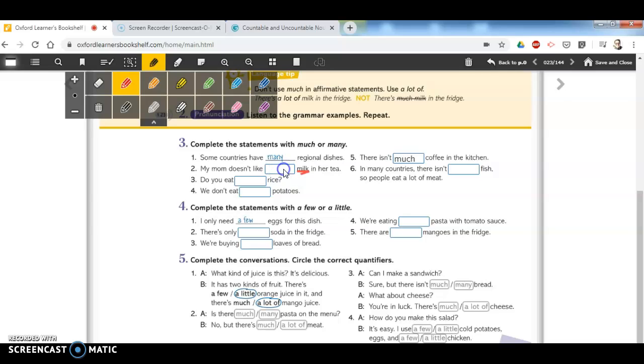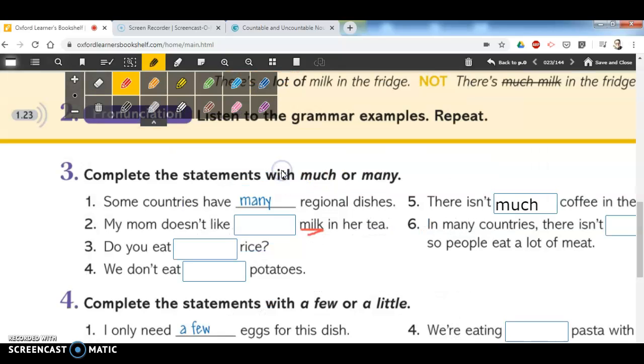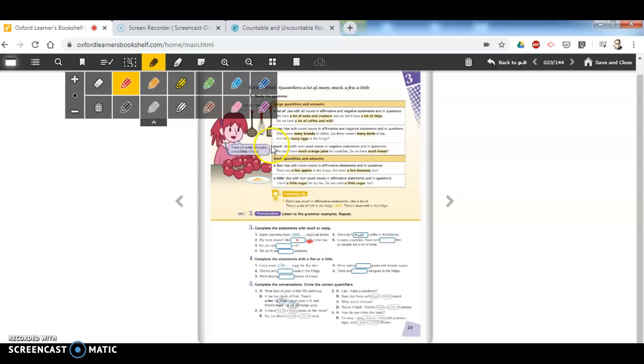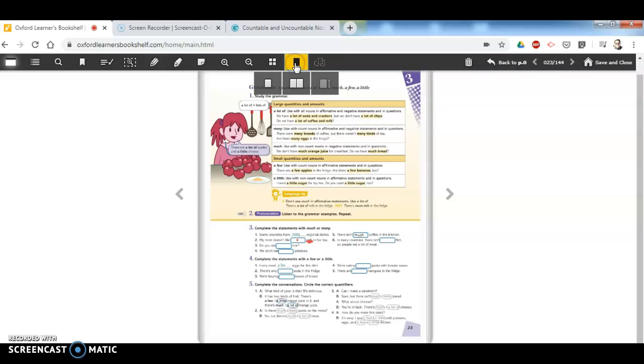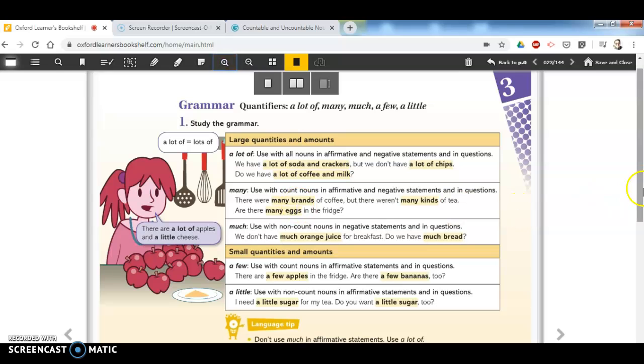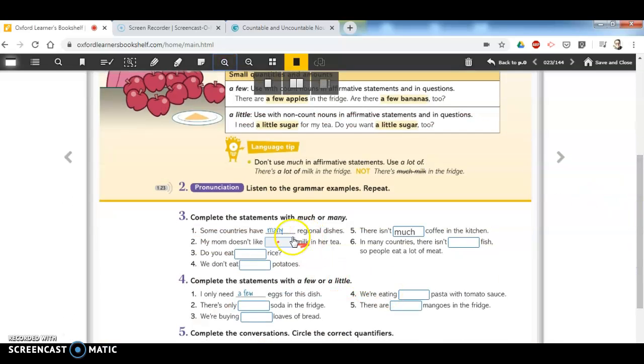Let's see if I can do the exercise. Okay, looks like I'm having some technical issues.